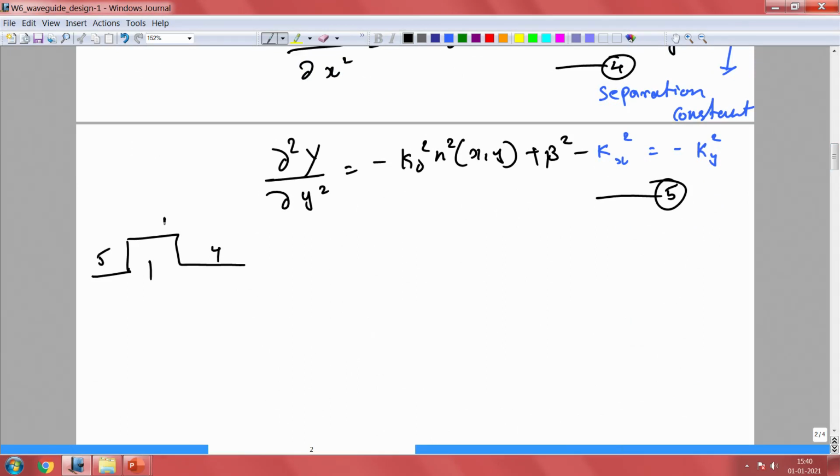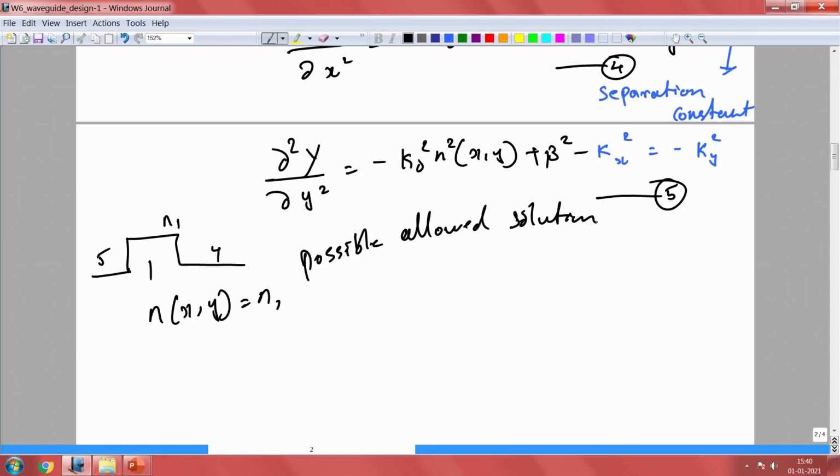So, there is an n1 that we have here. This is the refractive index within the region. So, now n(x,y) will be equal to n1. If n1 is greater than the rest of the region, which is what we have agreed so far, then the allowed solution will be of this kind.